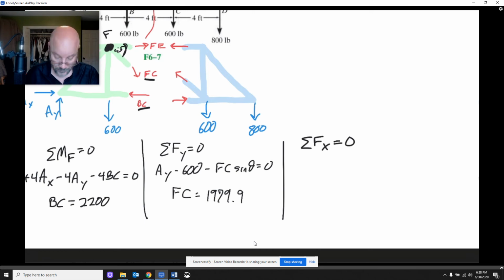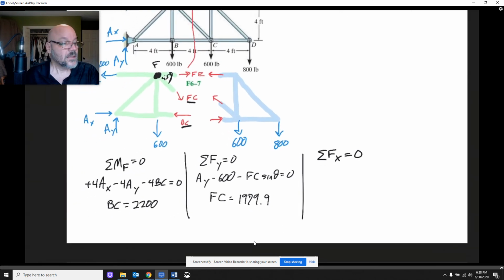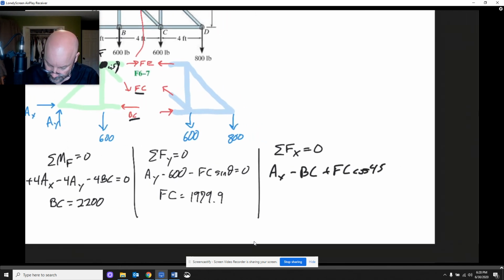So we're going to have AX here, and then we've got minus BC, and then we're going to have FC cosine 45, and that is in the positive direction, plus FC cosine 45. And that's equal to 0. And we know AX, we know FC, and we work all that out.